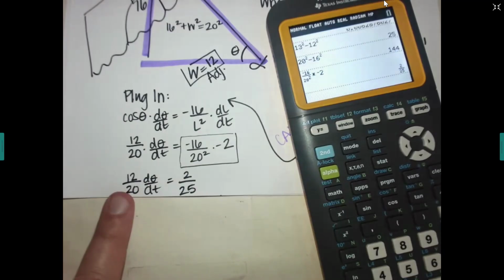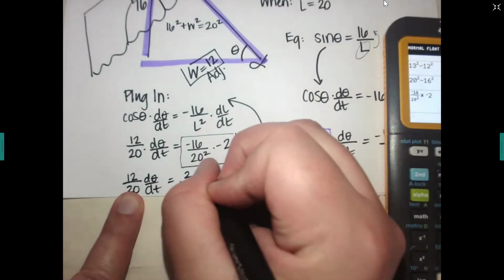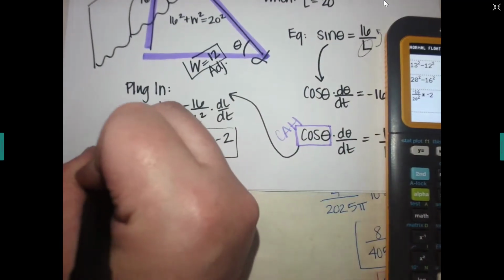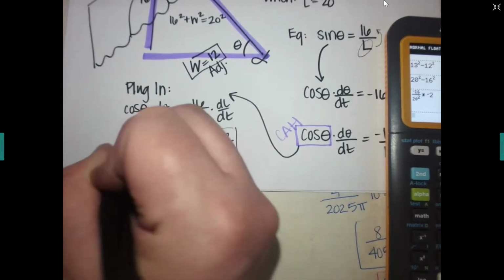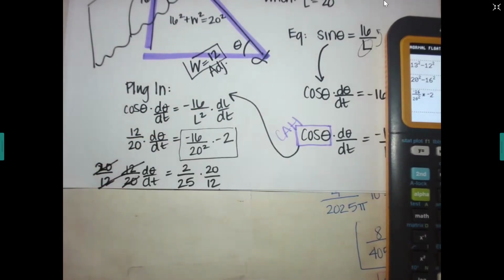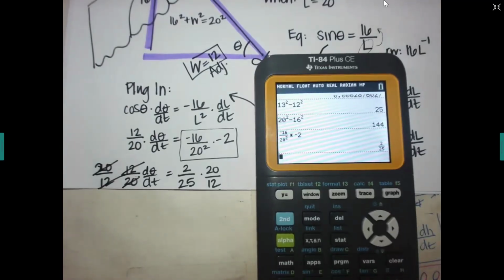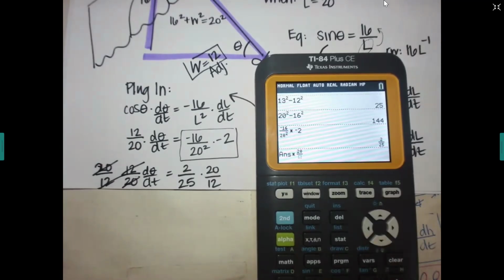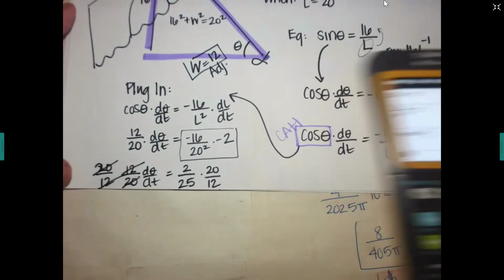And to cross this fraction out, I'm going to multiply both sides by 20 over 12. So my d theta dt is going to be 2 over 25 times 20 over 12, and it's 2/15 for your final answer.